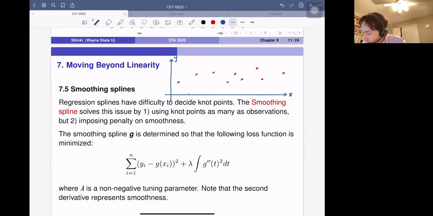So knot point 1 is here, C1, and just in between any 2 observations, C2 and C3 and C4, C5 and C6 and C7 and C8. So with 9 observations, we have 8 knot points. Okay. Then we have a very flexible curve. So maybe the fitted line just fits this curve like this.